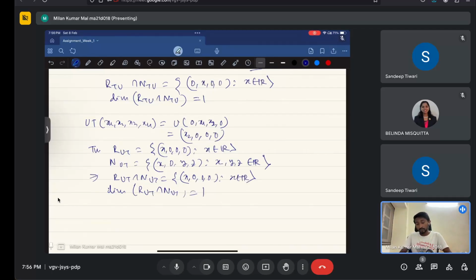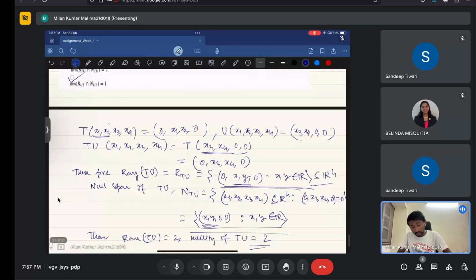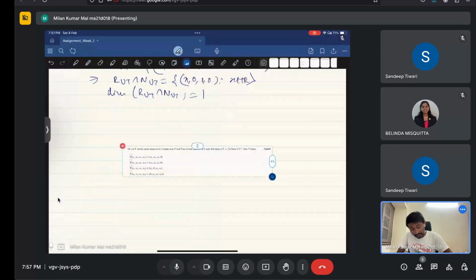So the last option is automatically correct. I'll just check. Yeah, that's true. Now we'll give the last problem, then after that we'll end this session.